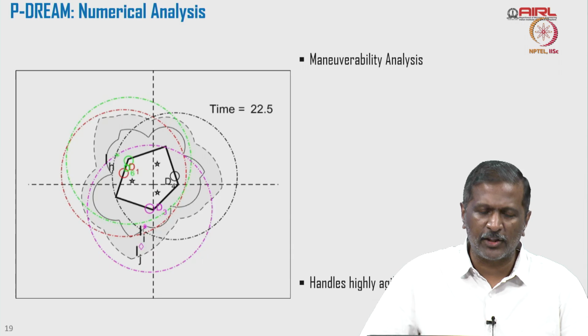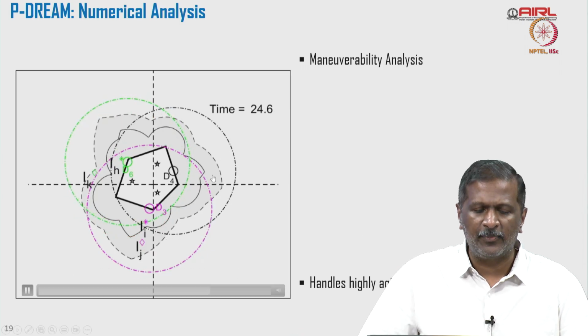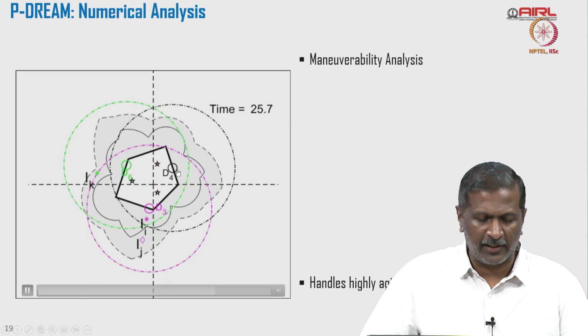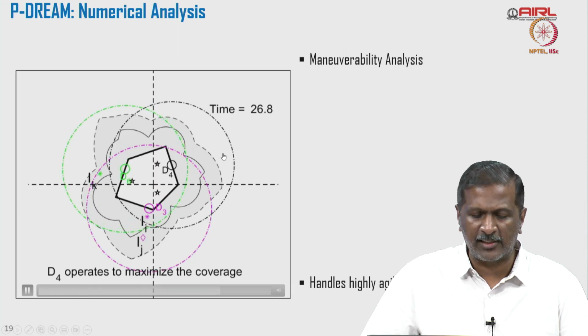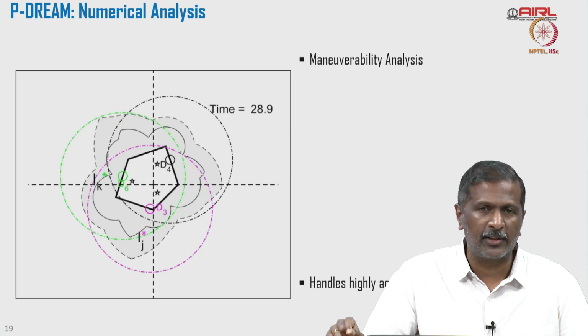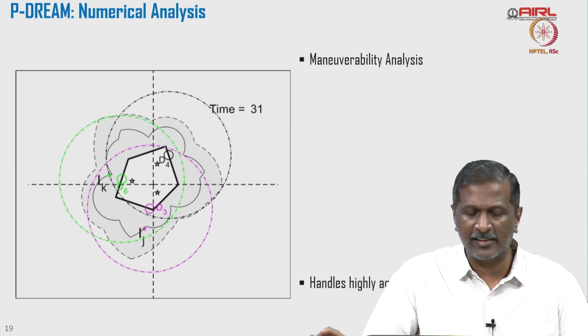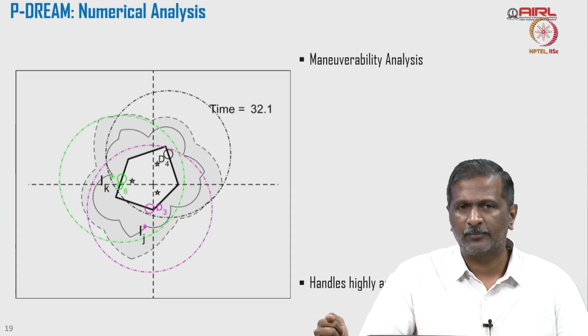In such cases also you deploy a new defender just to cover the region such that you can continue to monitor. So, D4 has been launched just to provide the coverage, right. The task is not only to neutralize, the task is also to provide coverage. Once the coverage is taken care of, it will move back, right.